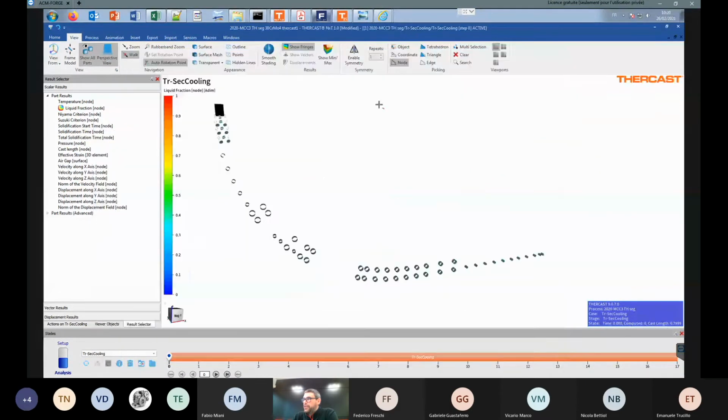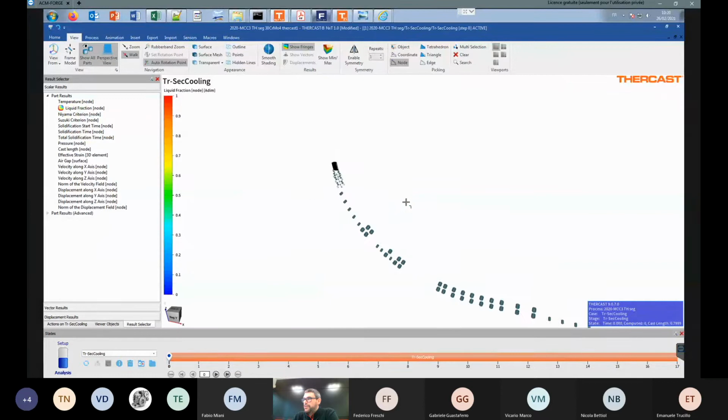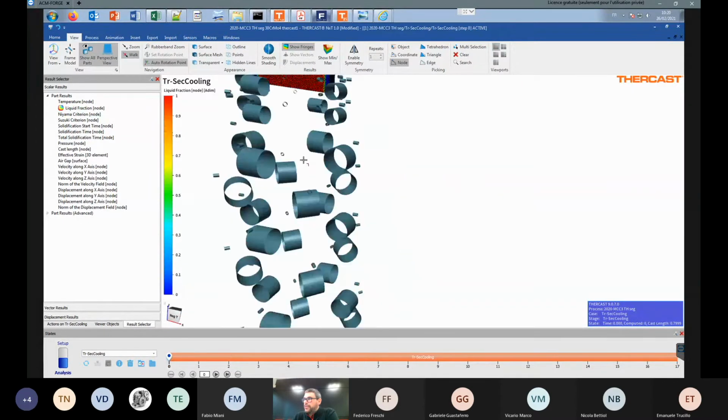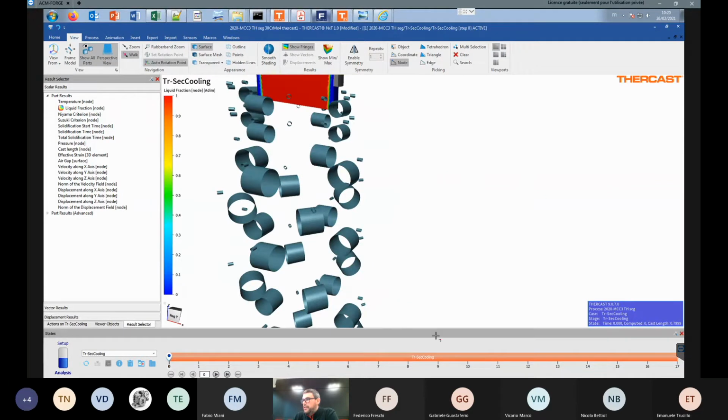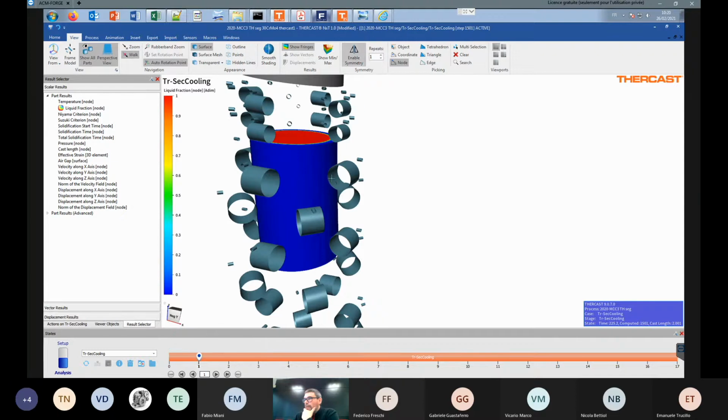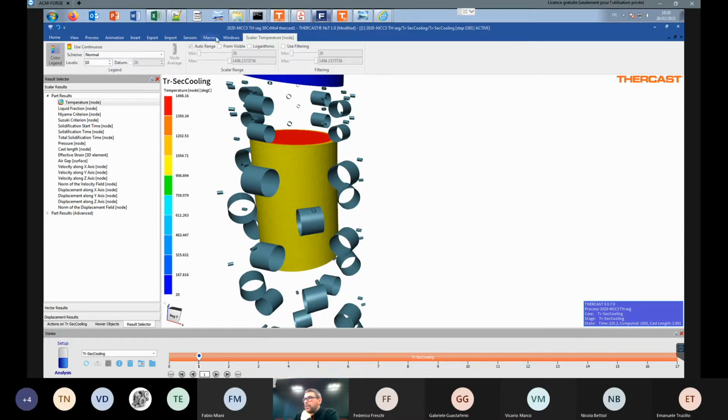So for casting simulation, here you have the whole machine, with rolls, with sprays, you see the sprays and so on. If I just show you, for example here, if we look at the temperature field, you will see the influence of the sprays.